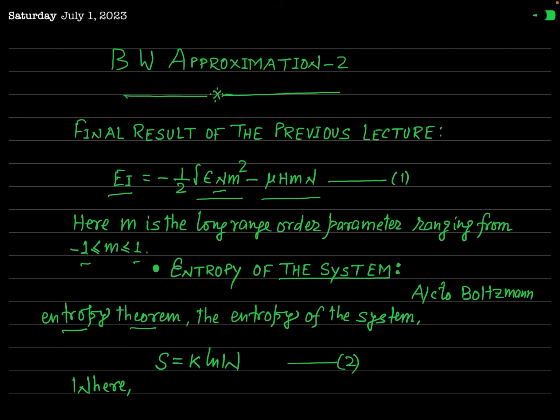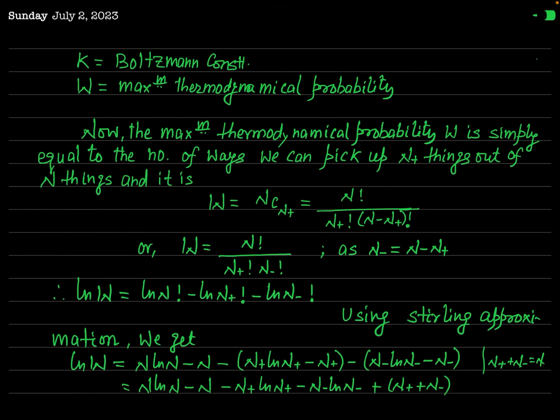According to this theorem, the entropy of the system S is given by k ln W, where k is the Boltzmann constant and W is the maximum thermodynamical probability of the system. What will be its value? It depends on the system.